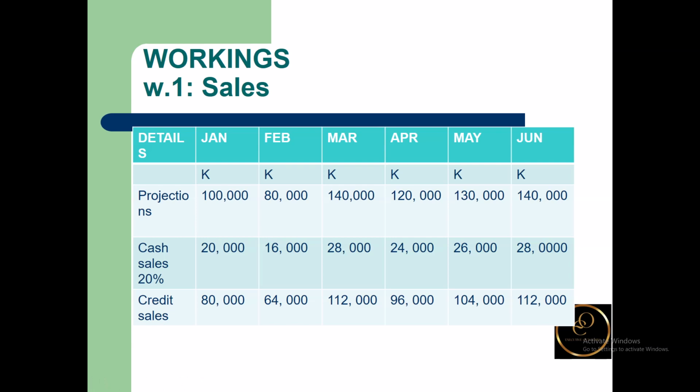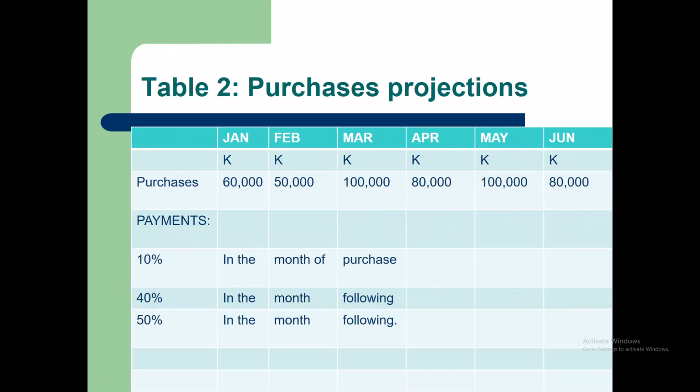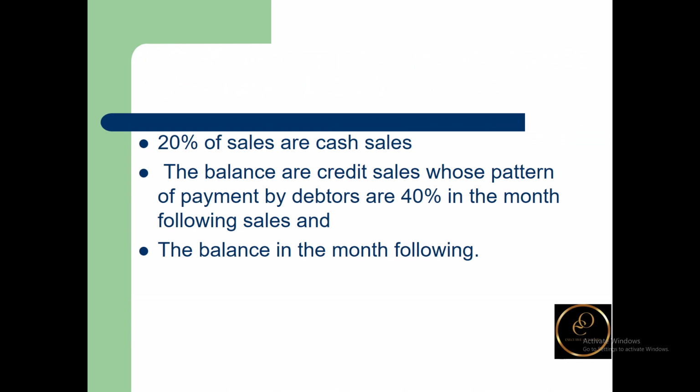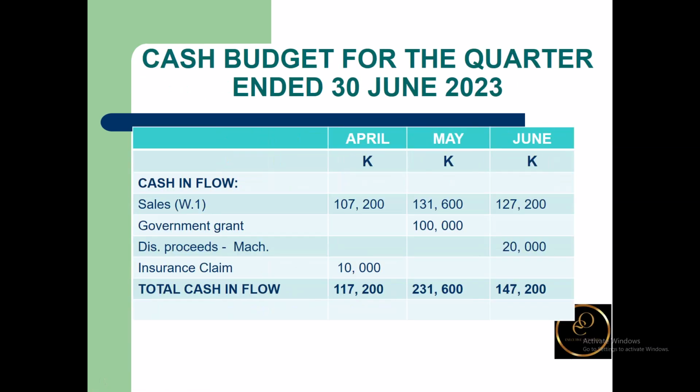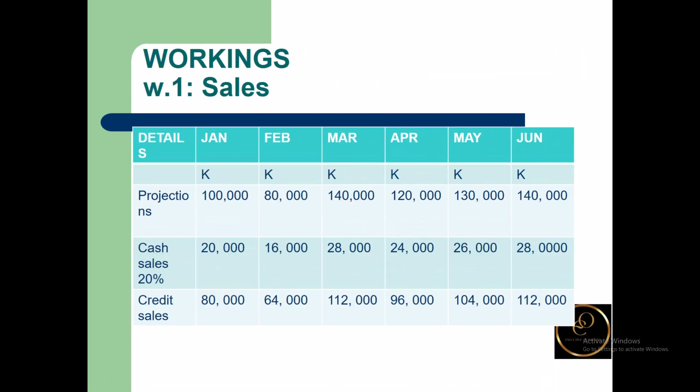The question is, how do we receive the balance, which is the credit sales? In the balance, we are given a note that 40% are supposed to be received in the month following sale, and the balance in the month following to that. So this is how we are going to proceed with this.